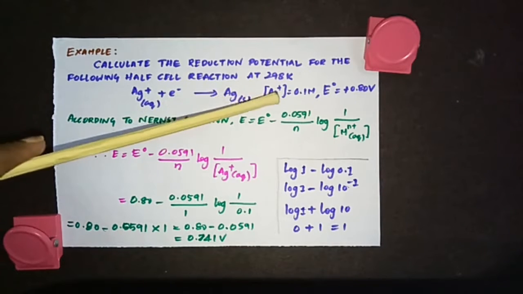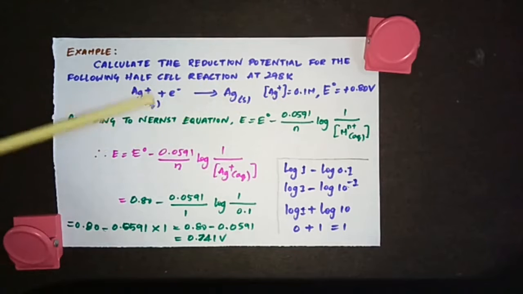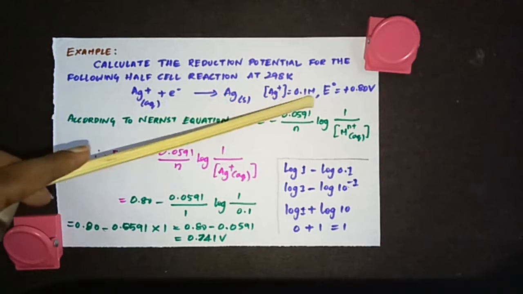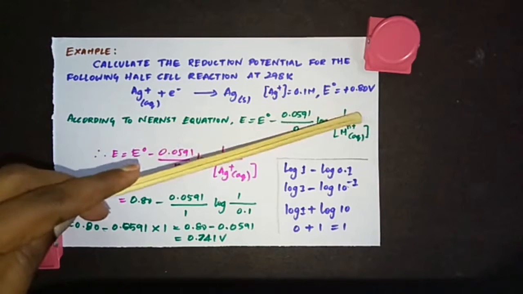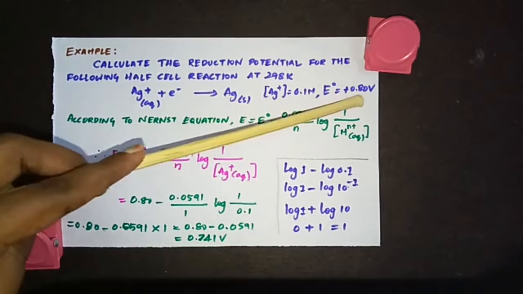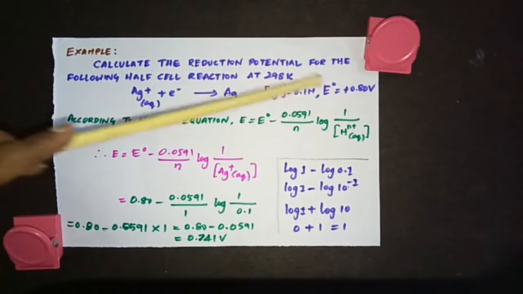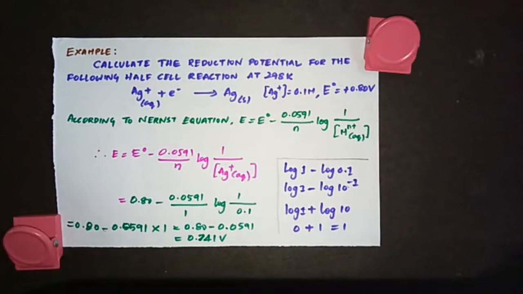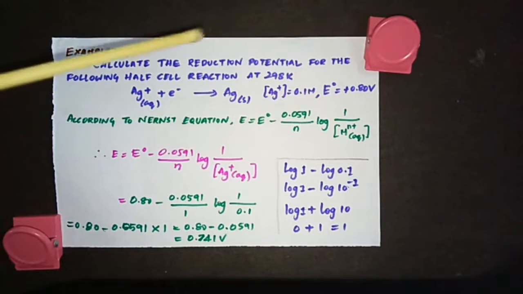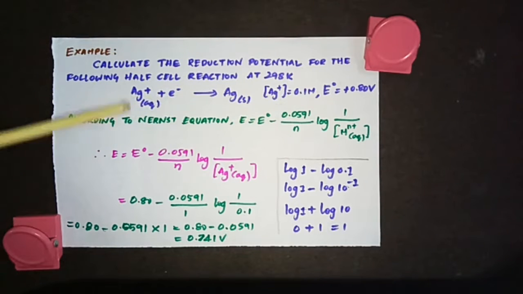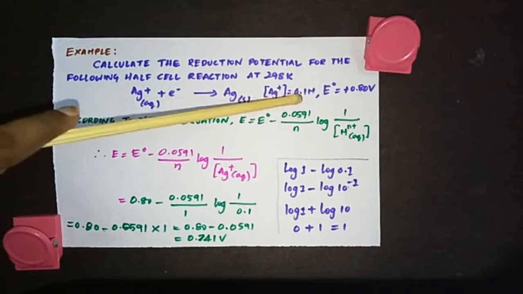The concentration of Ag plus is given as 0.1 molar and the E naught value is 0.80 volt. Now this E naught value for Ag is when the concentration is 1 molar. So using that E naught, we are calculating the electrode potential of Ag when the concentration is 0.1 molar.